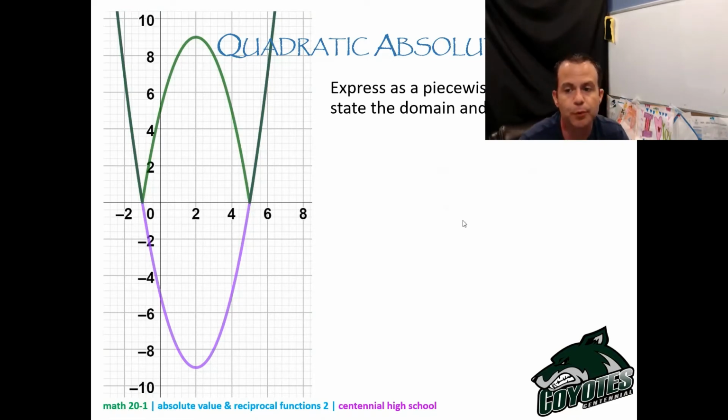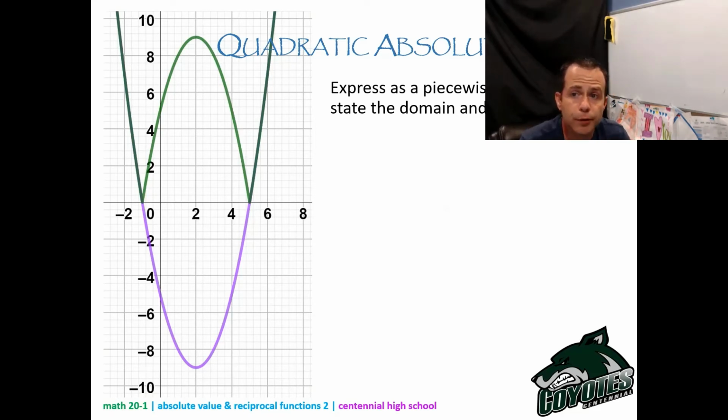Remember with a piecewise function, we start by putting the positive on top, the negative on the bottom, and then we have to say where the positive exists and where the negative exists. So when you look at this green W here, think, what was the overlapping region? It was the overlapping region that's the positive.